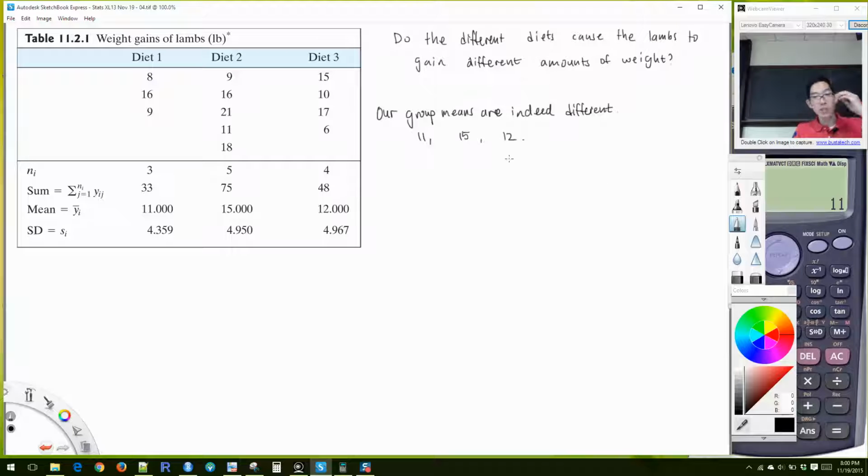But the question is, are they significantly different? Is at least one of these group means significantly different from the others?